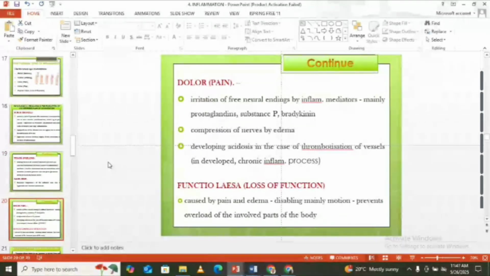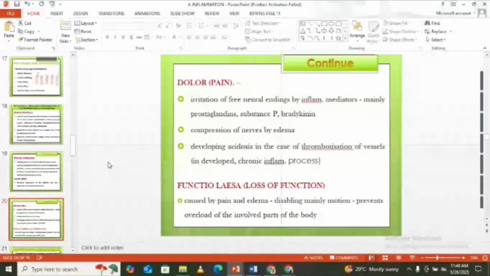Pain, because of the irritation of those neural endings around the area where there's that inflammatory response. The irritation of the neural endings is caused by the inflammatory mediators like the prostaglandins and substances like bradykinin, which cause irritation to the nerve endings around that area, and that causes the pain.